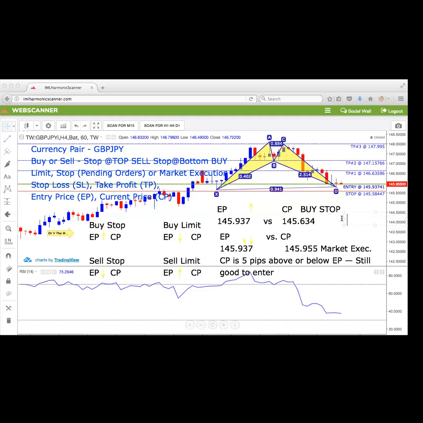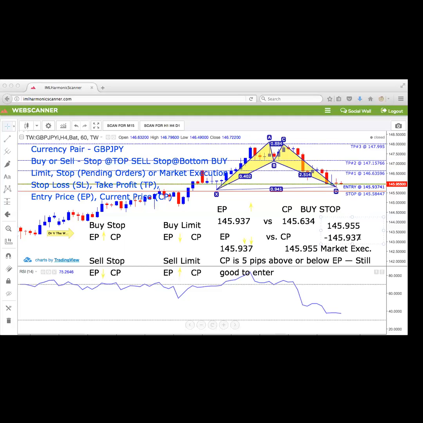So here we go. You took the current price, 145.955, minus the entry price, 145.937. And you said, okay, because this doesn't count, right?